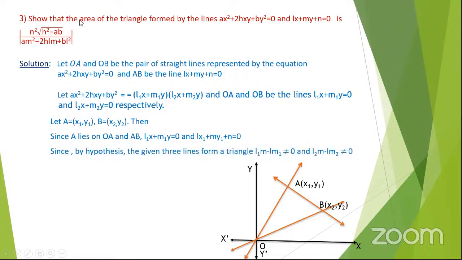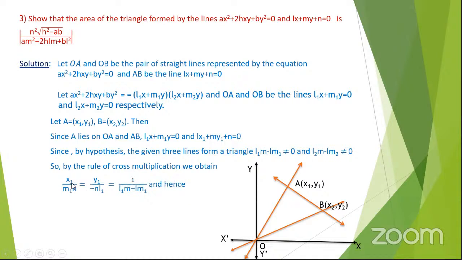Since by the hypothesis the three lines form a triangle, L1m − lM1 ≠ 0 and L2m − lM2 ≠ 0. So by the rule of cross multiplication, what do we obtain?